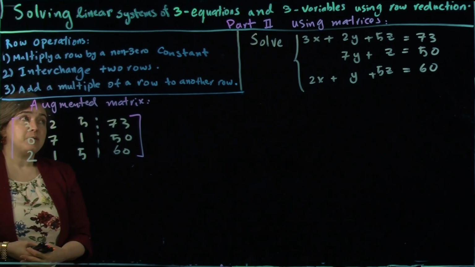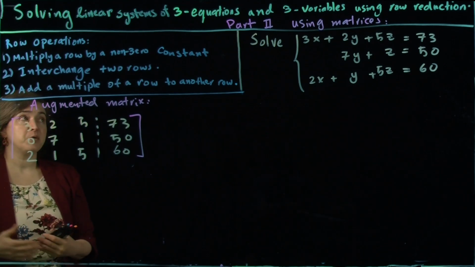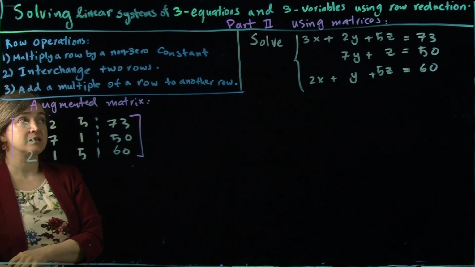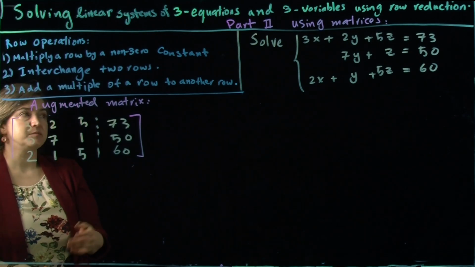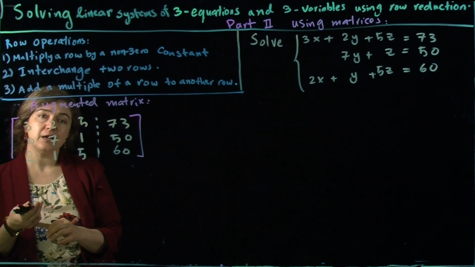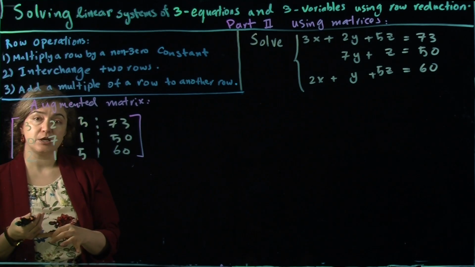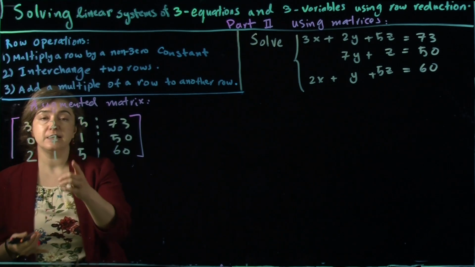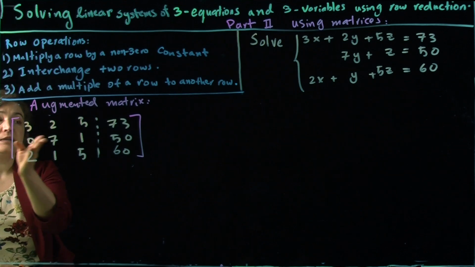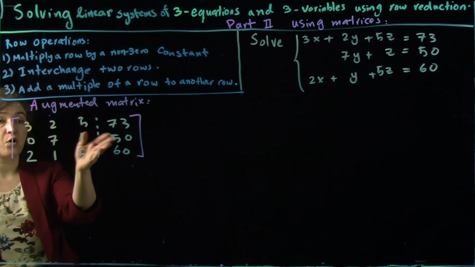The next step is pretty much the same as the process for systems. Things to notice: this time when you're talking about a leading coefficient, you're really talking about a non-zero term in that row.